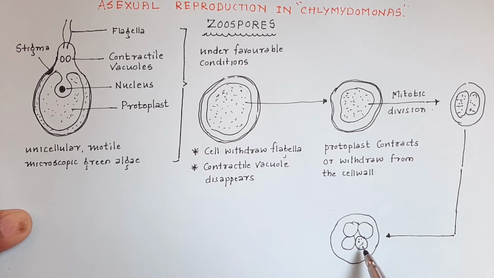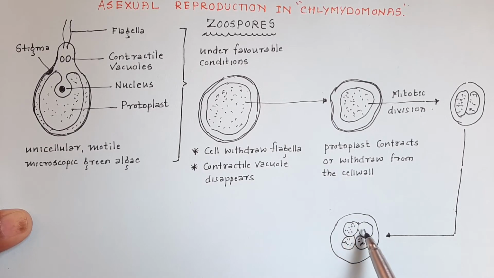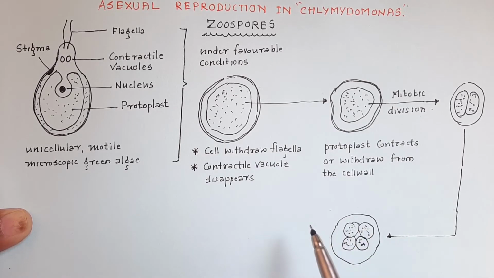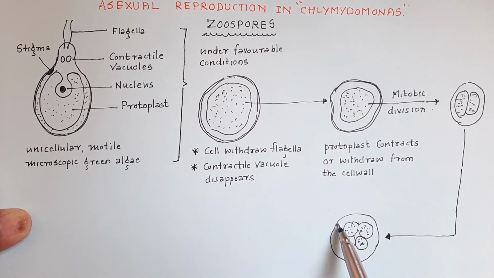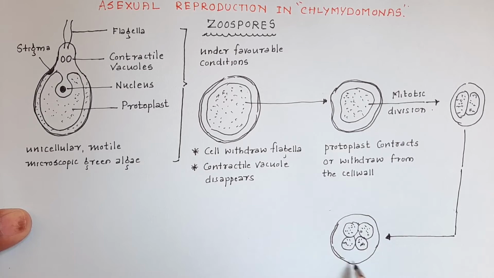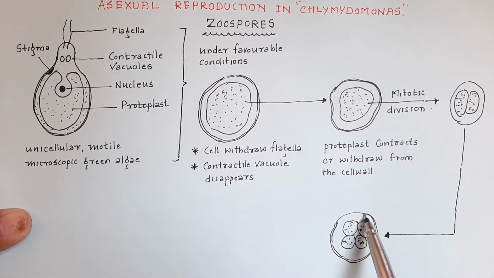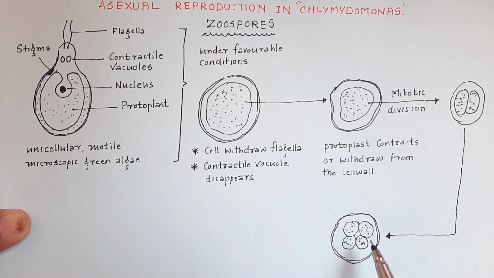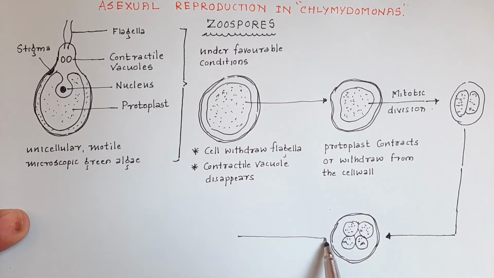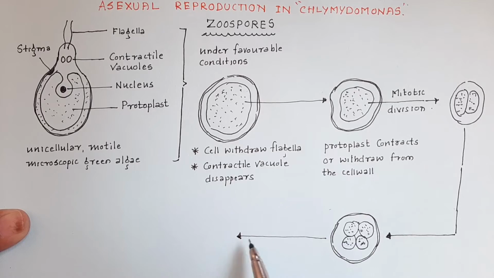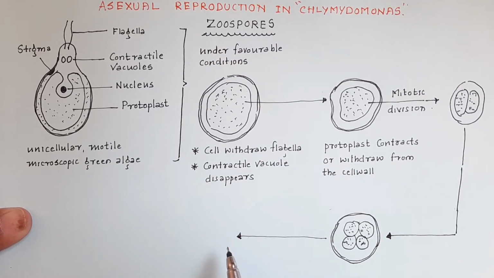Like this, by a series of divisions, 4 to 8, 8 to 16 cells, the number of cells increases. The cells go on duplicating. These spores undergo conspicuous changes later on.